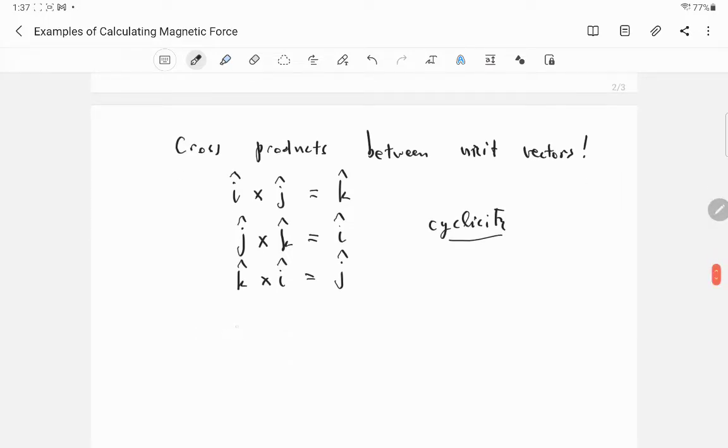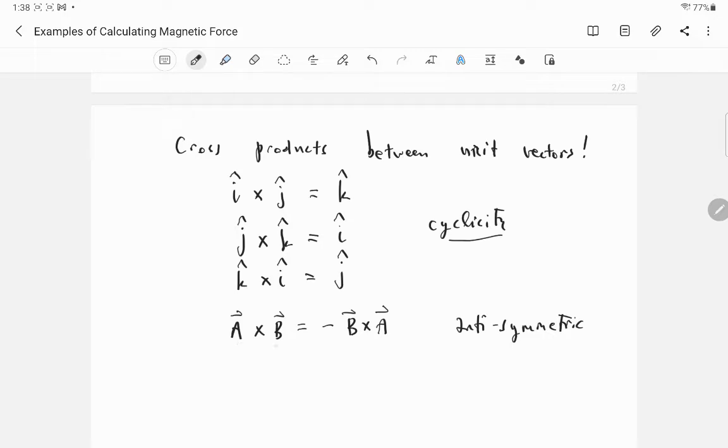Another thing that's generically true is if you take any vector A and cross it with any other vector B, it's always equal to the opposite of the vectors crossed in the opposite order. So this is called anti-symmetric. This is also just a generic truth about cross products.